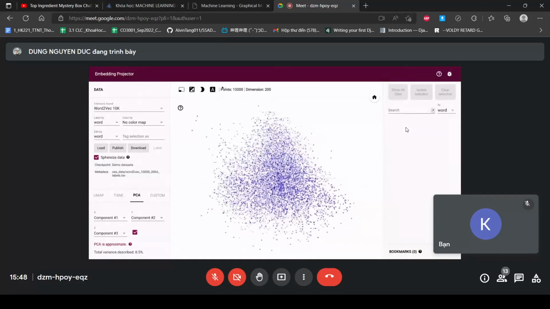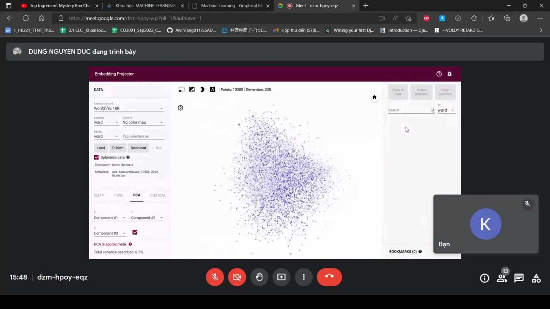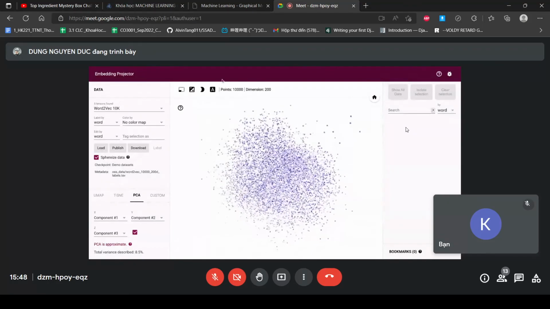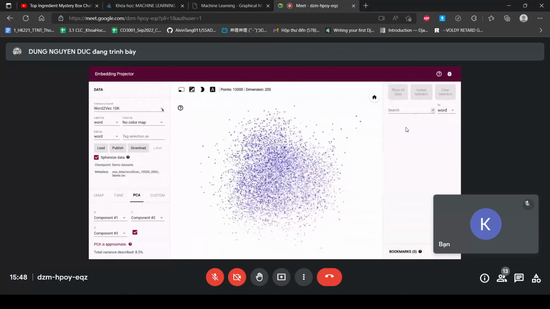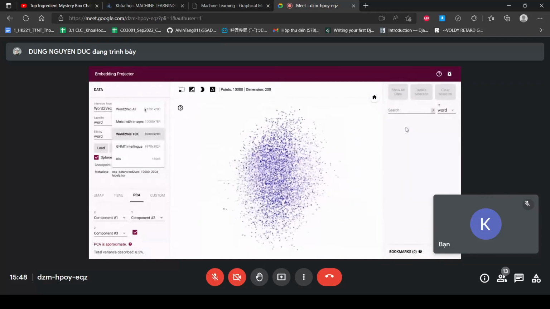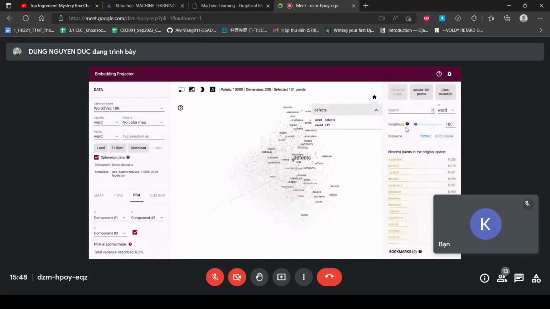This one is the demonstration about the projection of the data from a high dimensional space onto a low dimensional space. What we are seeing is the word embedding of 10K words. You are trying to project the data onto a lower dimensional space, in this case only three-dimensional.